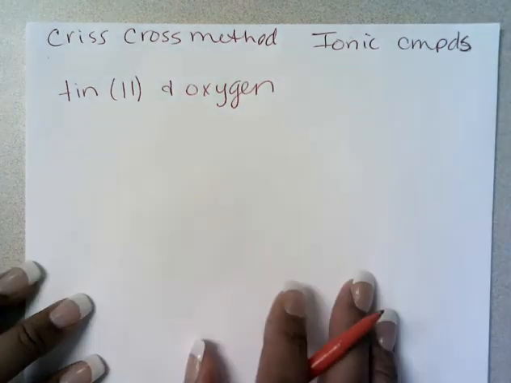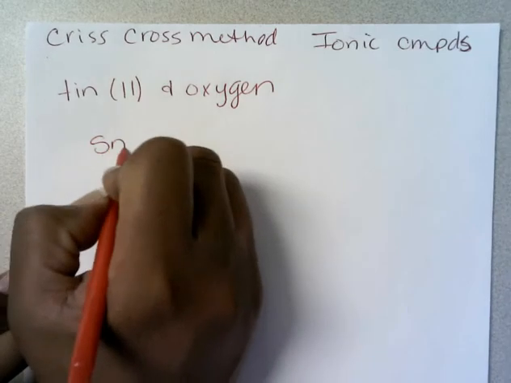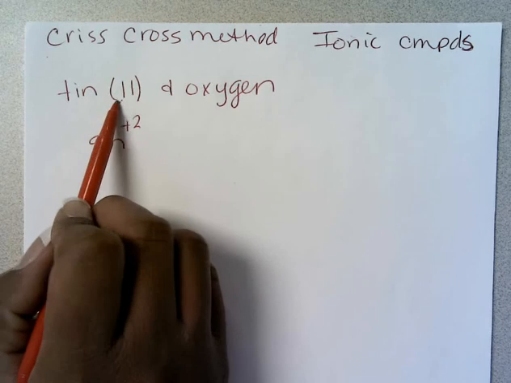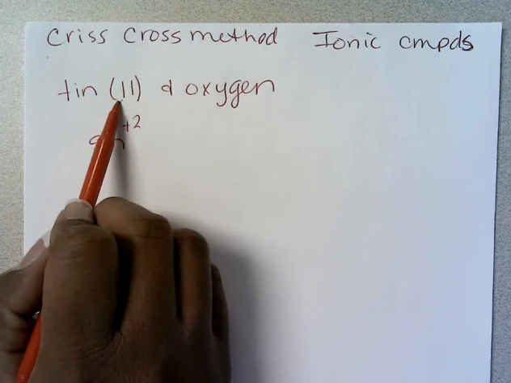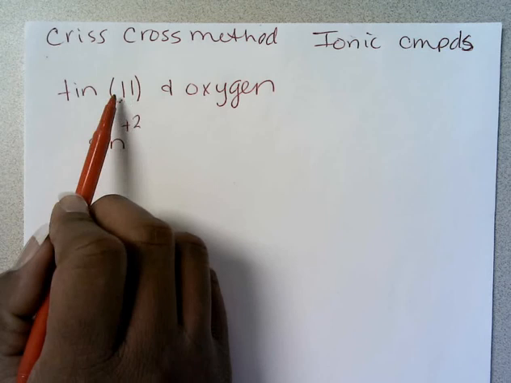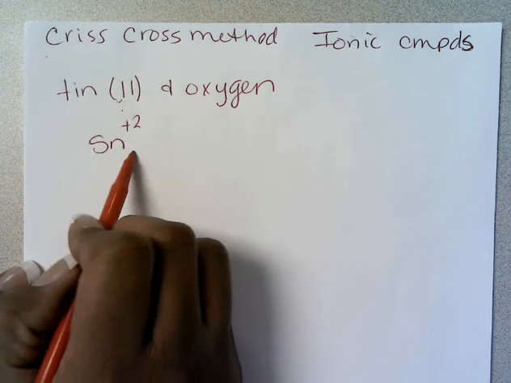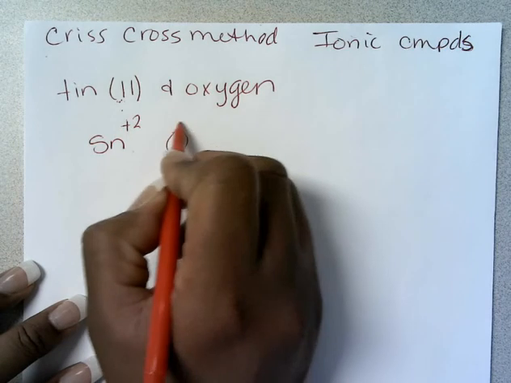Tin we learned is Sn, and because of this II here, this is one of those that has multiple oxidation numbers. It can be tin +2 or it can be +4. So that's why you have to signify which one you're actually working with. So in this case, +2, oxygen, -2.